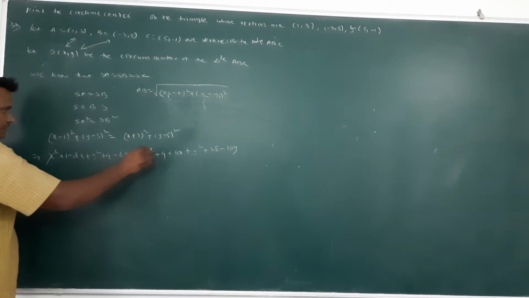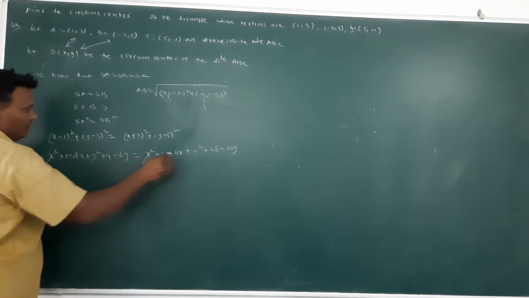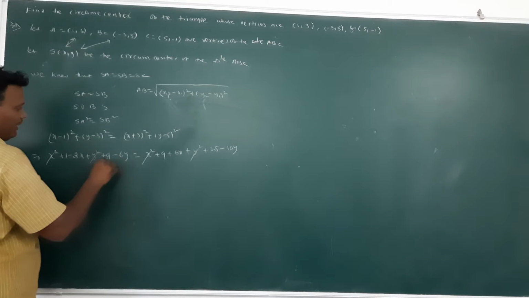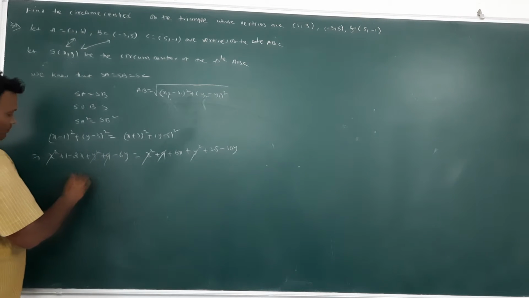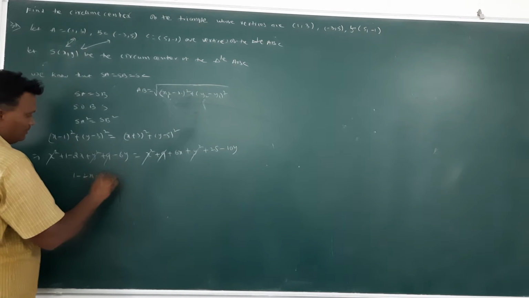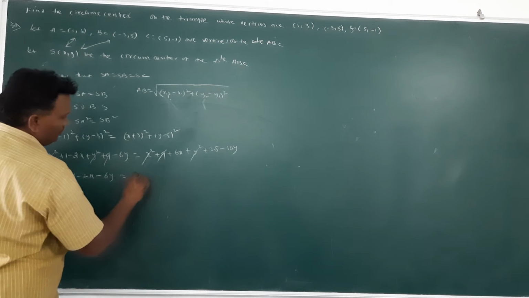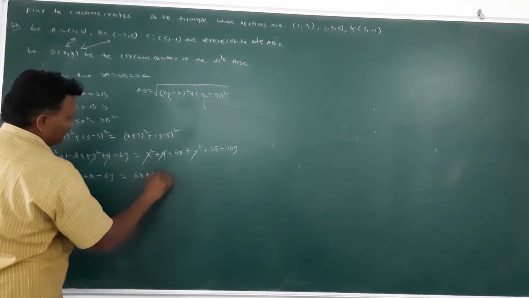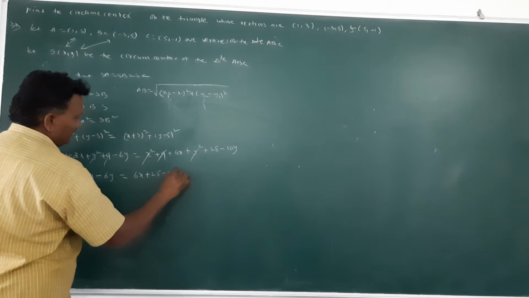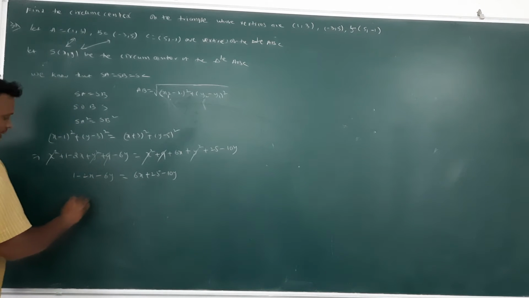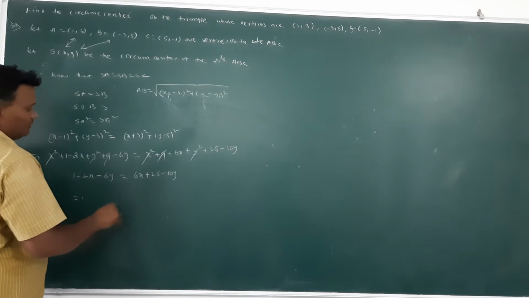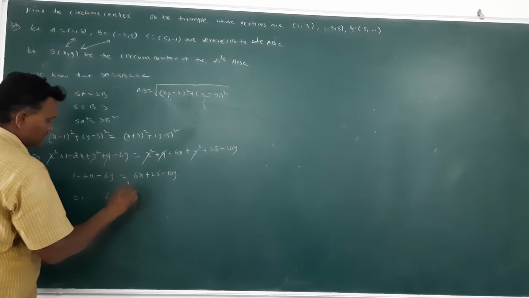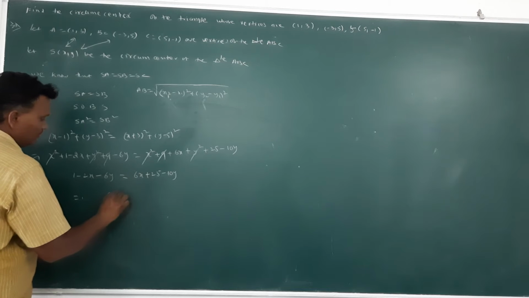x square cancels, y square cancels, 9 cancels. What are the remaining terms? 1 minus 2x minus 6y is equal to 6x plus 25 minus 10y. Minus 2x goes to the right side, plus 2x. 6 plus 2x, 8x.